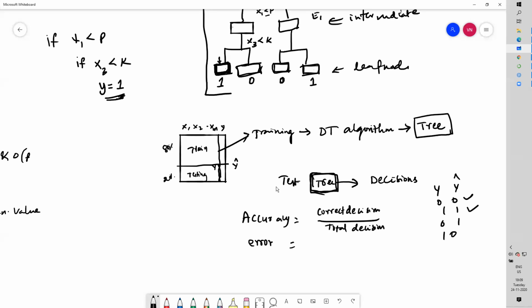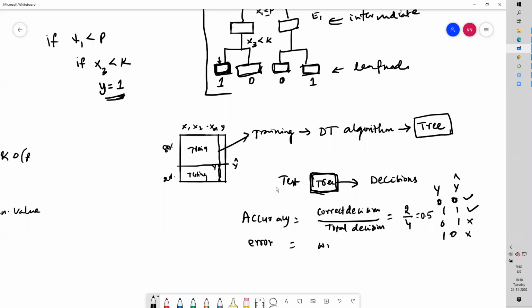These two are correct decisions when y and y hat, when the original value is same and the decision given by the tree is also same. These two are correct decisions, but these two here are wrong decisions. So our accuracy here is 2 divided by 4. Total decisions made is 4. Out of them, 2 are right. So our accuracy is 0.5.